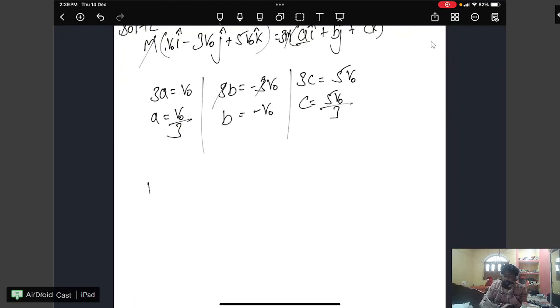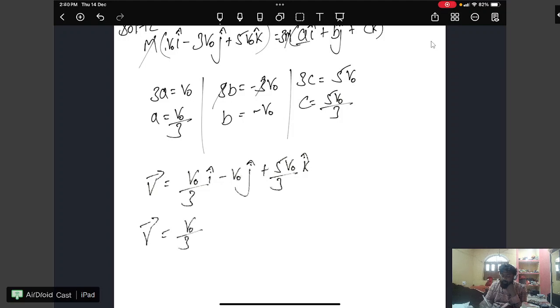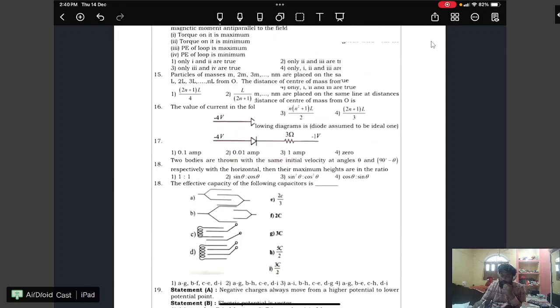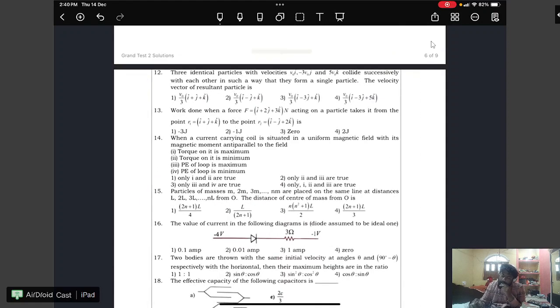So final velocity will be v naught by 3 i cap minus v naught j cap plus 5 v naught by 3 k cap. Taking 3 as LCM, v naught by 3 times (i cap minus 3 j cap plus 5 k cap). This will be the answer. So option 4.